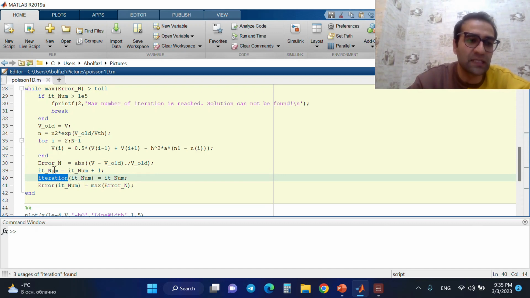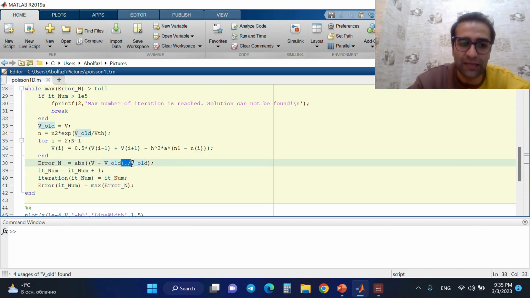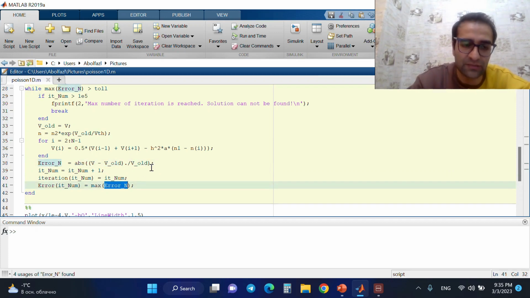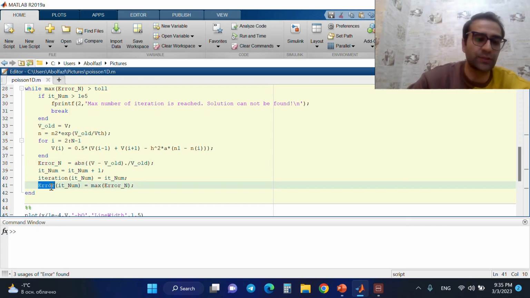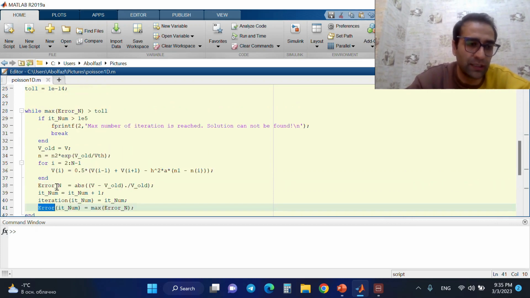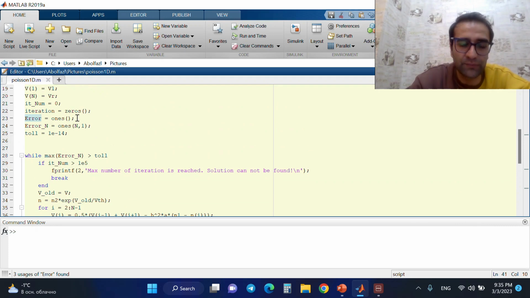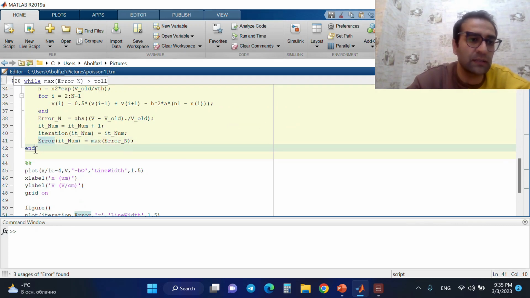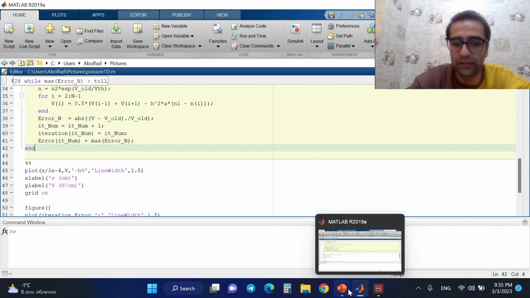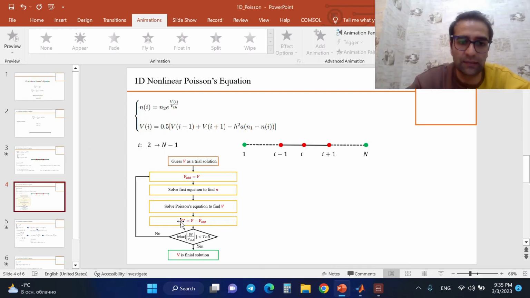I save the maximum of the absolute value of the relative error that is defined here to some other array, and I just call it error. That also I defined with some unspecified dimension. And this is the end of our loop. And we define delta n, and this value delta v divided by v old.